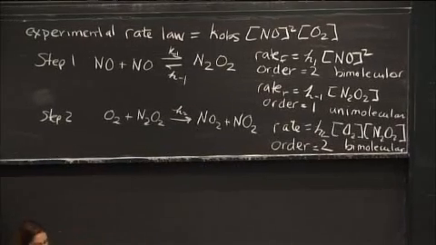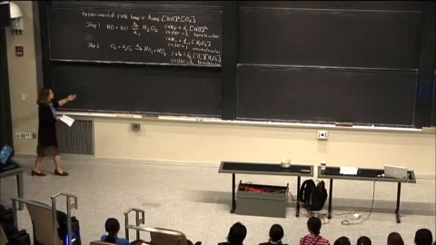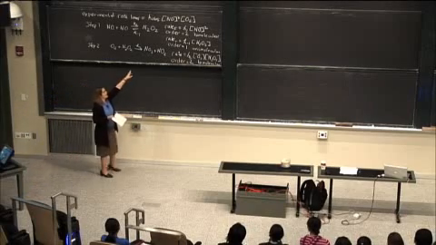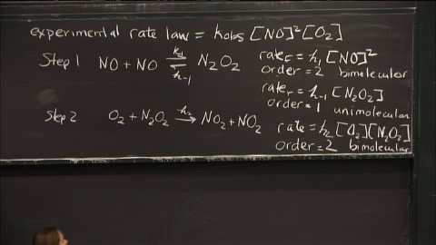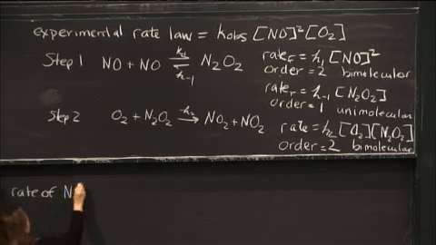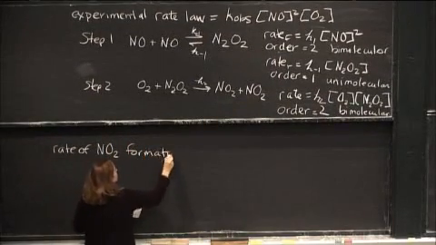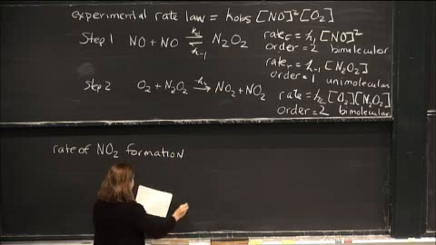All right, so we have our 2 steps, and we've written rates for all of those particular steps. Now we're interested in writing the rate of the overall reaction that forms NO2. So let's think about what the rate of NO2 formation is.